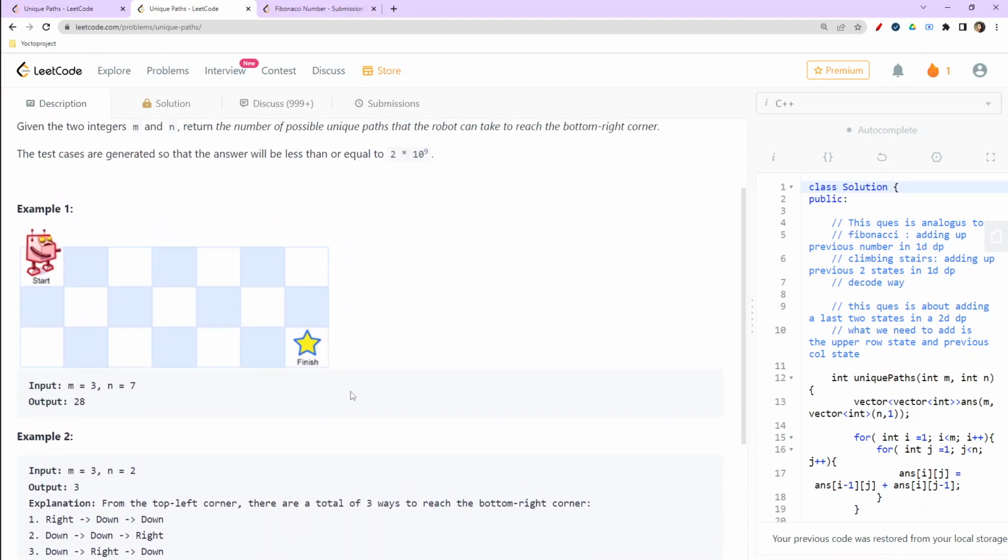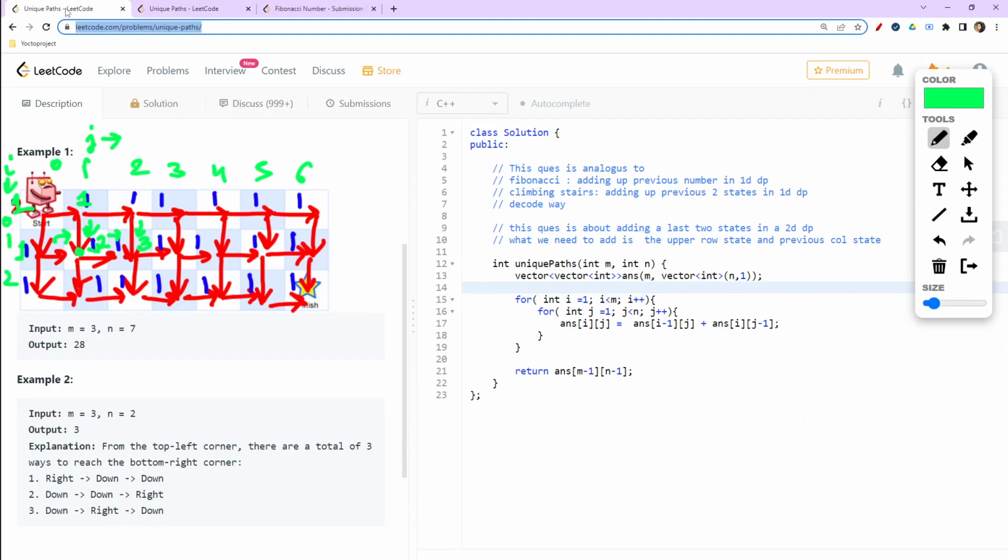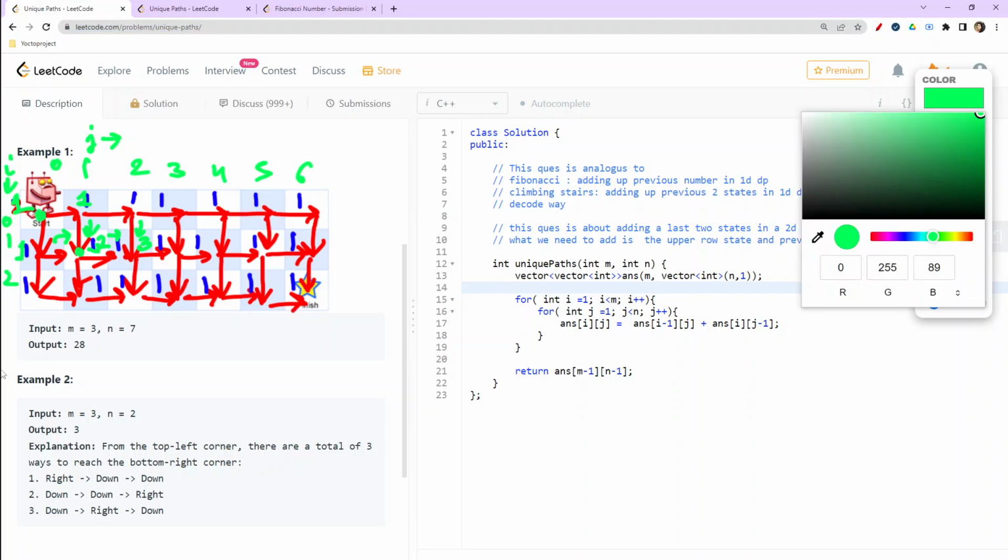Now comes the part where we see the grid. There are a lot of possibilities: at this particular position it can go towards the right and also down. Then again at this position it can go towards the right or down. When it reaches this position, it checks how it reached here, and there were two possible ways before.